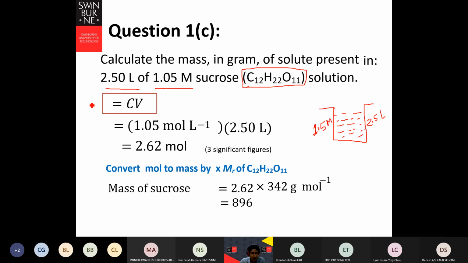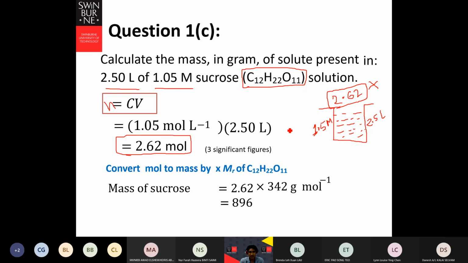So 2.5 liter of 1.05 molar of sucrose is added in the solution. From there again, n equals C into V. From there we find the number of moles of sucrose in the solution, so it is 2.62 moles of sucrose. We understand that this is the number of moles.